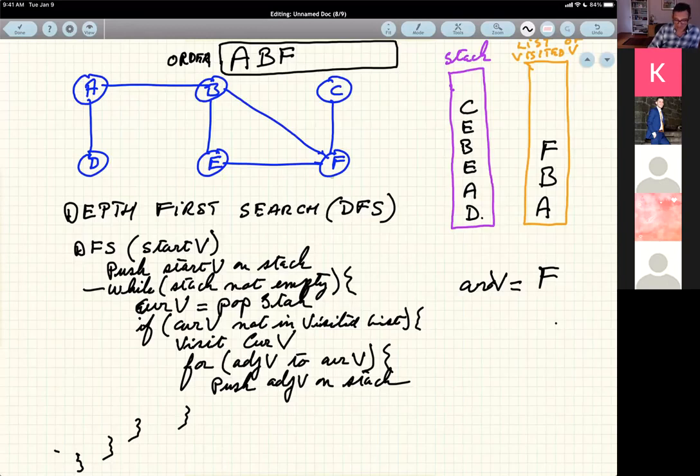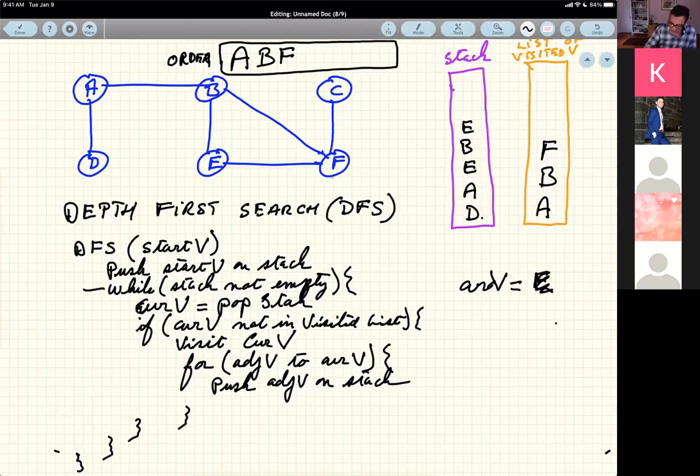I pop the next vertex from the stack. I push them in this order, so C is going to be the next vertex, the one I removed from the top.